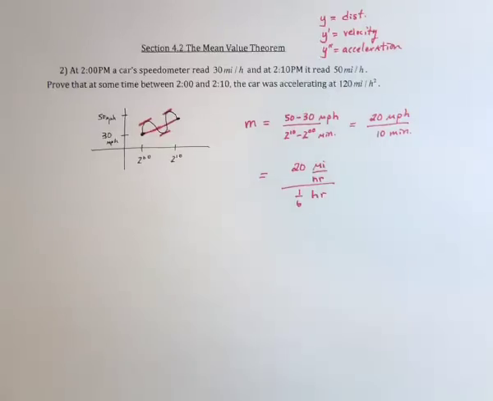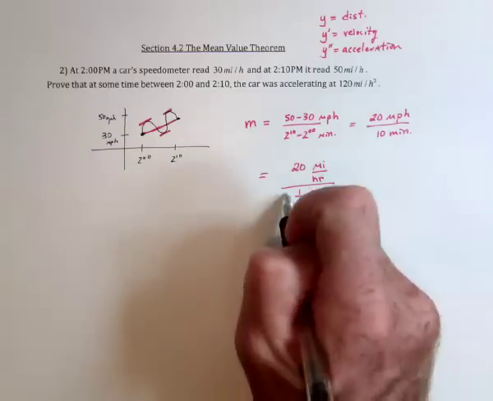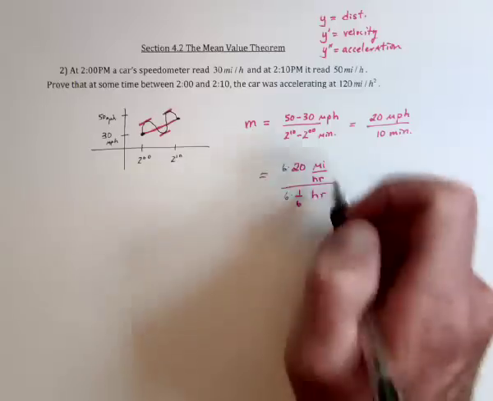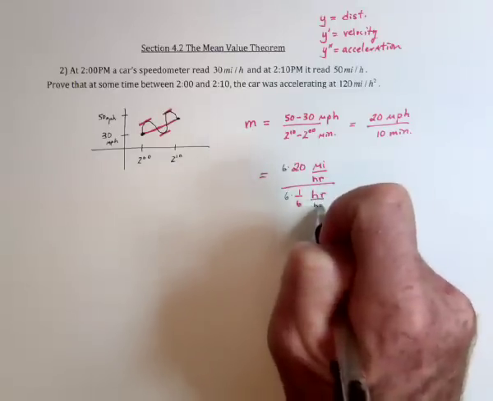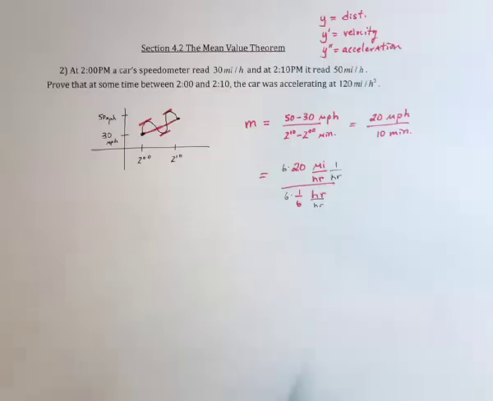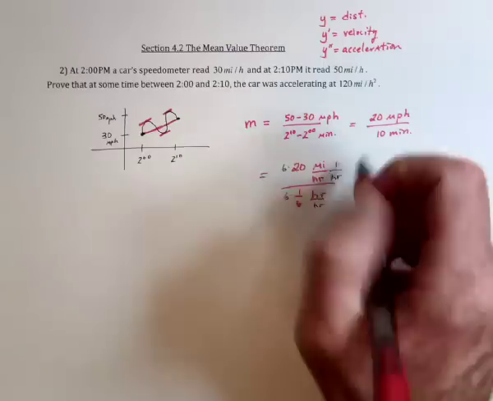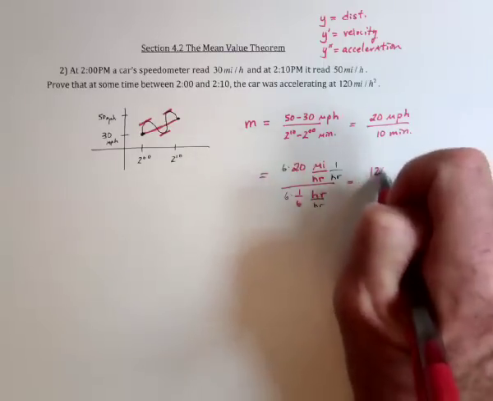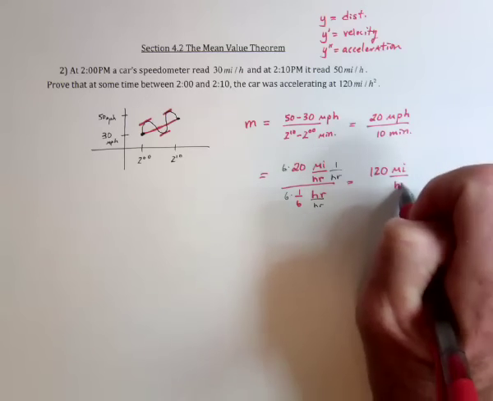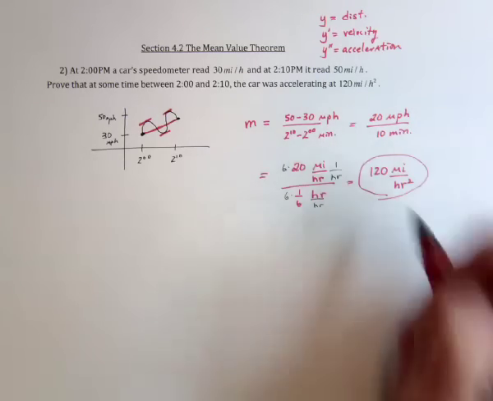And then to finish this, we would need to multiply by 6, and there's the 120. And we would need to divide by hours, and there's the hours squared. So it's 120 miles per hour acceleration.